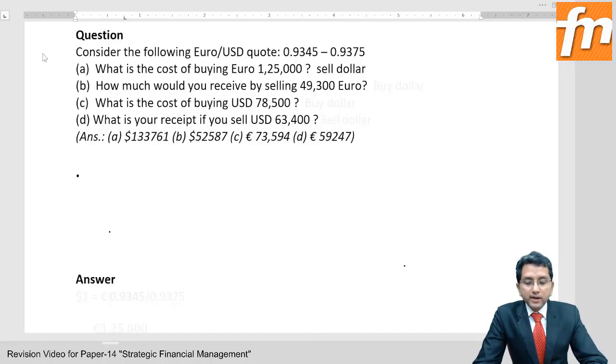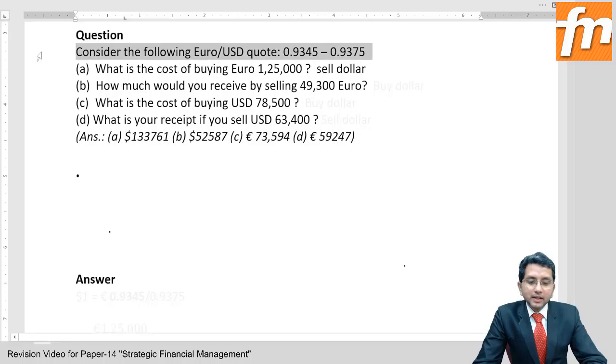So we have one question for better understanding, and intentionally I have taken a quote in which Indian rupee is not one of the currencies. See, whenever I see Indian rupee, I become comfortable. But intentionally, I have taken a rate of euro versus US dollar. So this is actually the number of euros per US dollar.